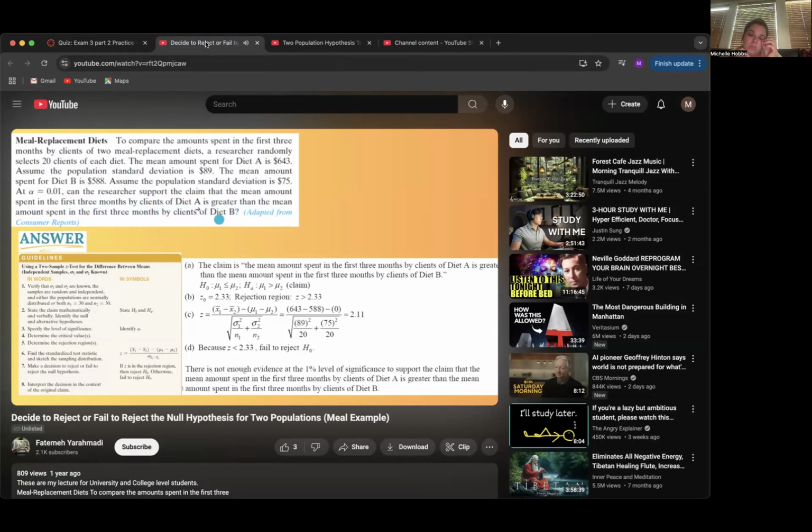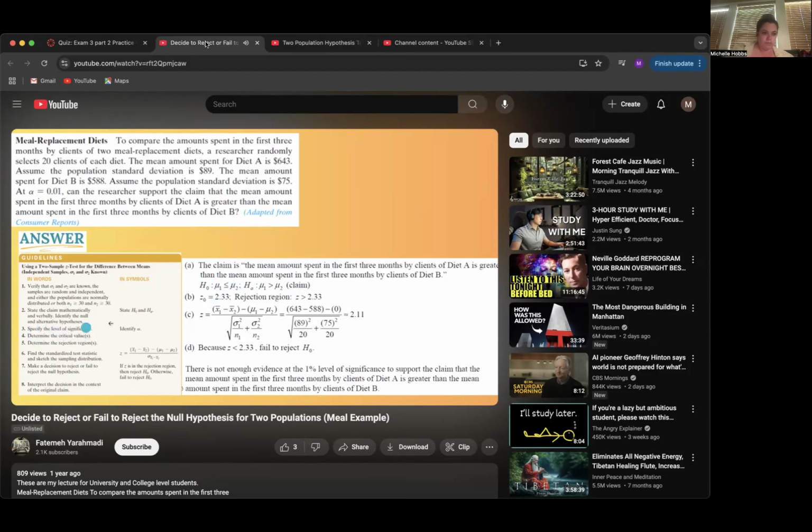So this is the keyword for you, greater than. Very good. What's the meaning of that? It means that the alternative hypothesis is given to you, everybody. So the claim says mu1 is more than mu2. Its opposite, its complement, is mu1 less than or equal to mu2.